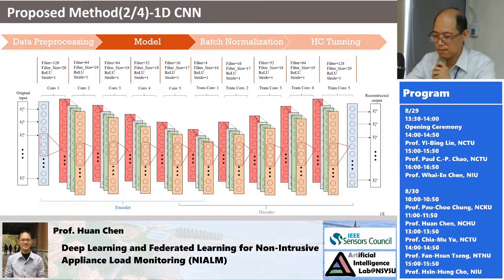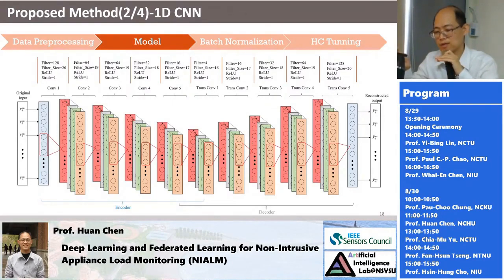Let's go to the main part of the model. We apply a one-dimensional convolutional neural network. A one-dimensional convolutional neural network can extract features in time series, so you extract the patterns that occur in your time series. One-dimensional CNN is widely used in signal processing for speech or other time series.